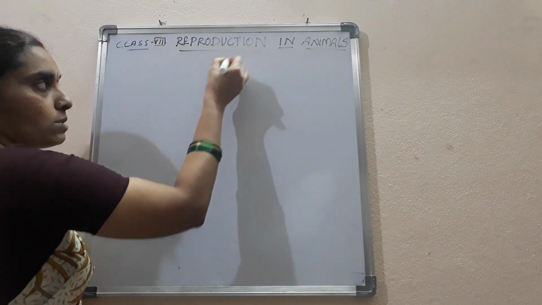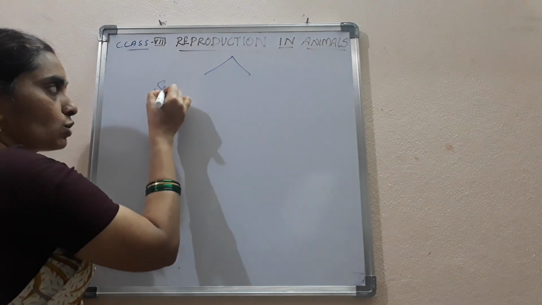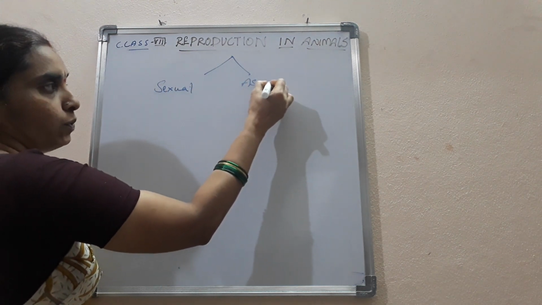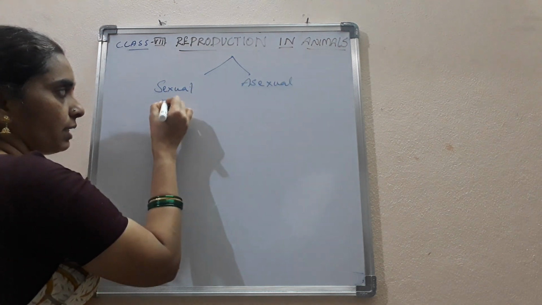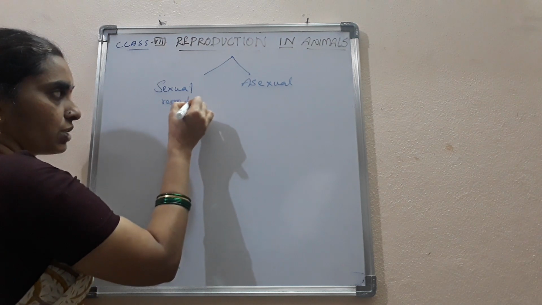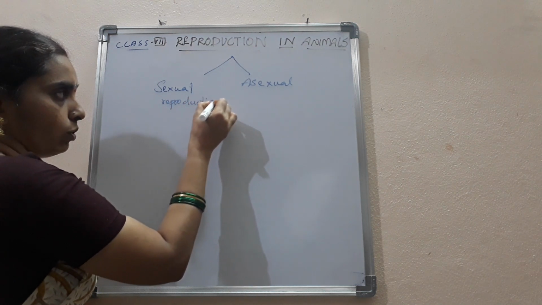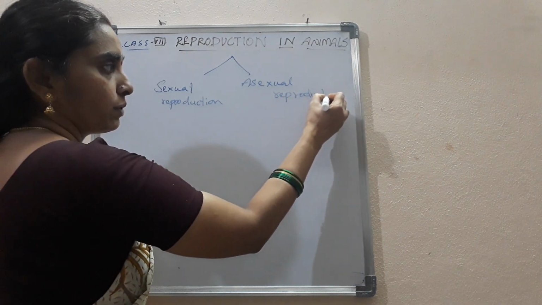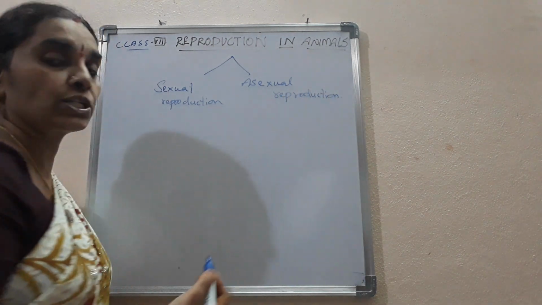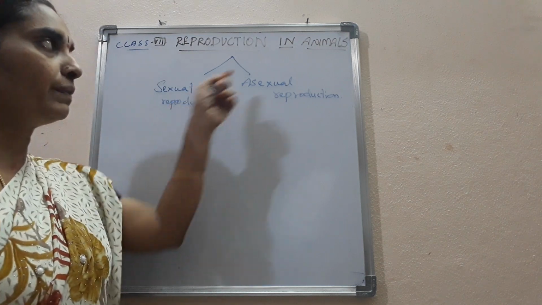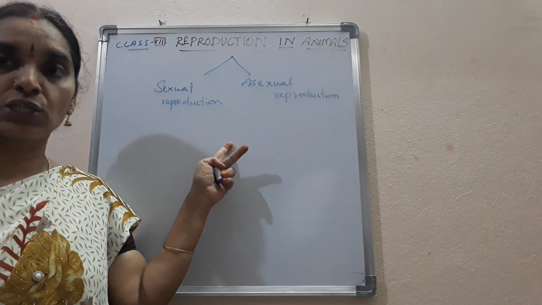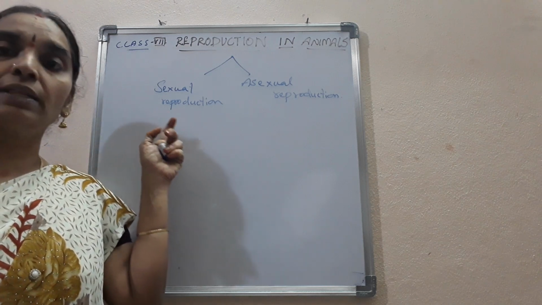So animals also reproduce sexually and asexually. So there is both sexual reproduction and asexual reproduction in animals also. From this you recalled reproduction in plants. Now coming to animals, you can see both the sexual and asexual modes of reproduction take place in animals too.